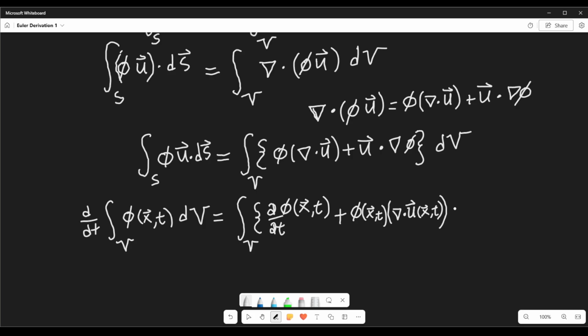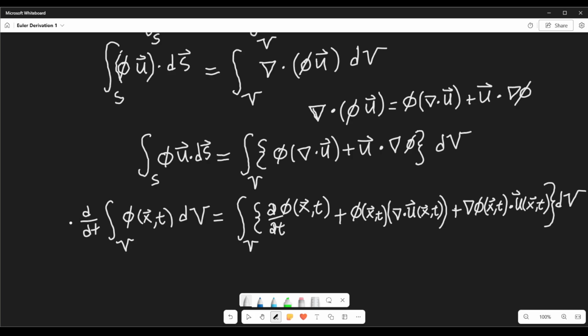And on top of this, I'm going to switch, since dot products are invariant and can be done in either order. So this is the gradient of the scalar field dot product with the velocity field, space and time, and that is integrated over the volume.